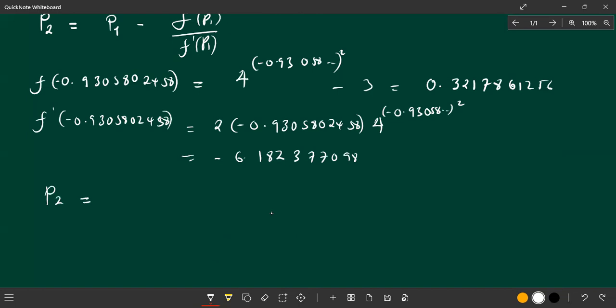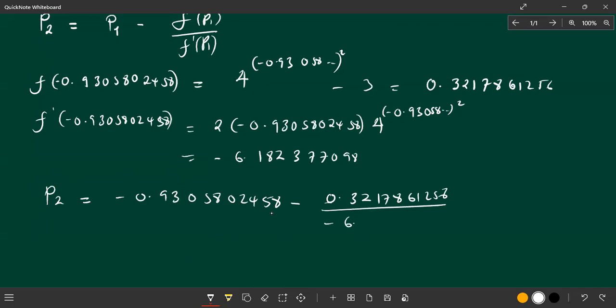So P2 is therefore equal to our P1, which is negative 0.9305802458, minus f of P1, which is 0.3217861256, divided by negative 6.182377098.